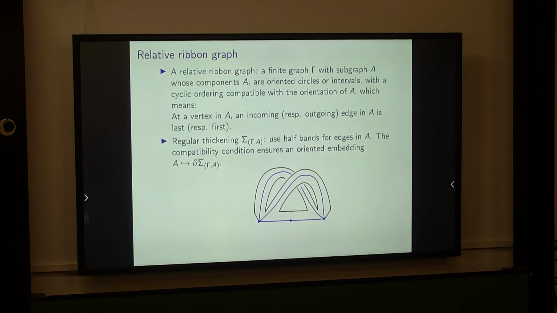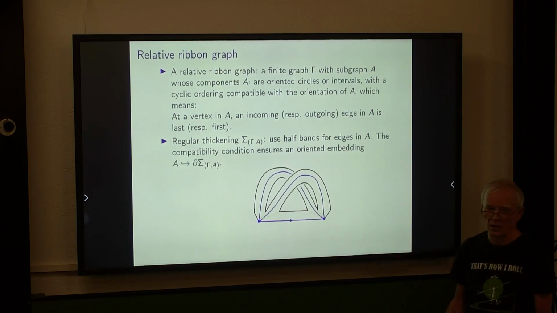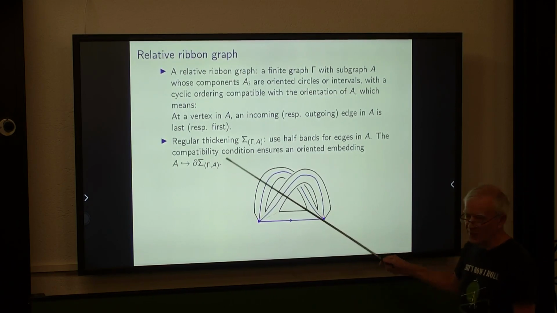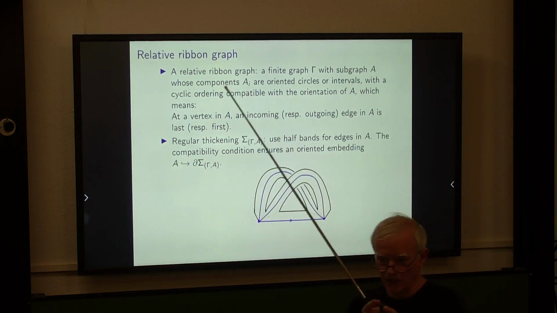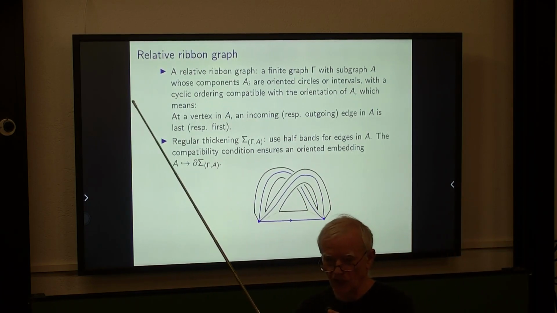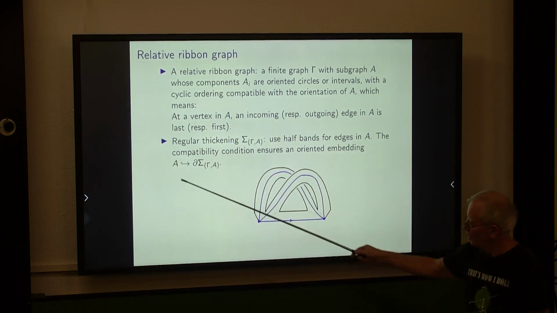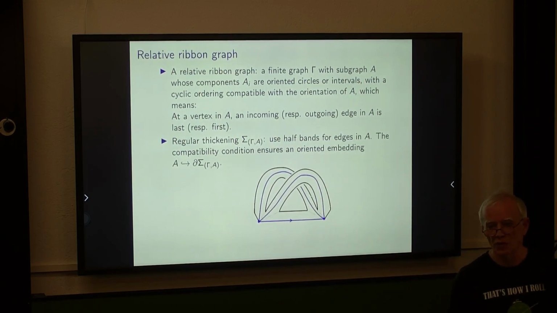So the orientation is induced by the orientation of the surface? Yes, this is what I mean, you get an oriented embedding of the subgraph in the oriented boundary. So your recipe is to take bands and half bands and glue them according to the cyclic ordering, and you do this in a way that oriented A is an oriented part of the oriented boundary.